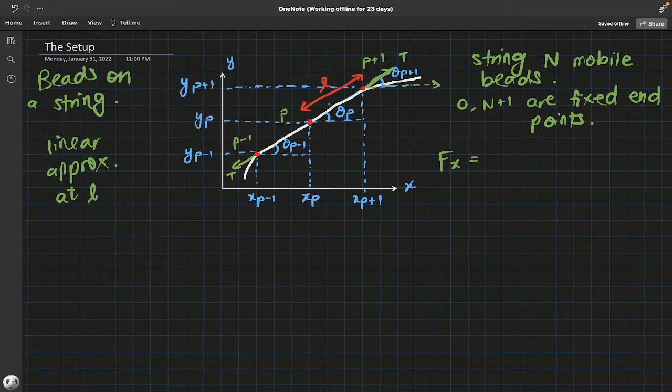Let's first write what's directly happening at point P. So say we take the tension here, forget that point. We don't really care about this part. Tension here, an extension of that tension there. So you see we have T cosine theta sub P, you resolve it, minus, you resolve this down here.